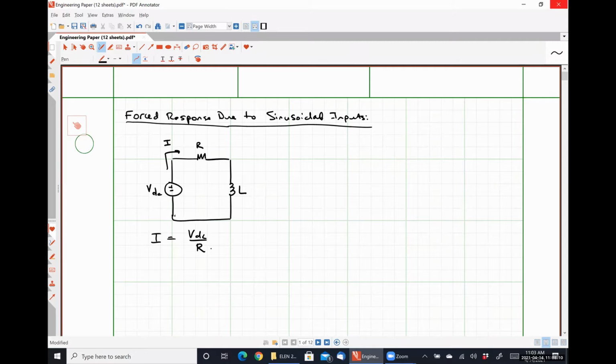So for a DC forcing function, which is just our DC source in this case, we know that our response I is also a DC signal. And from this, using Ohm's law, we could see that the voltage drop over resistor R has a DC value of exactly VDC, and voltage drop over inductor L has a DC value of exactly 0. So if we use a DC excitation source, all of our signals are DC signals as well.